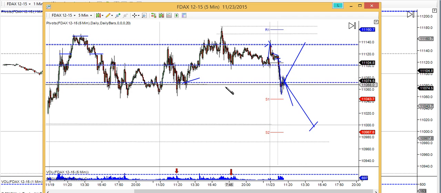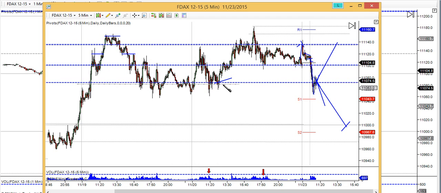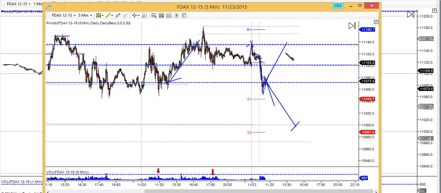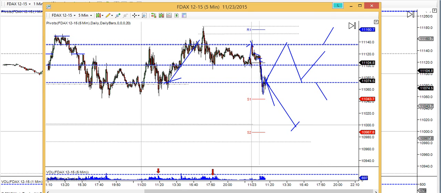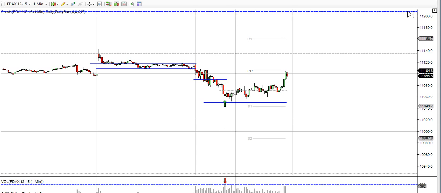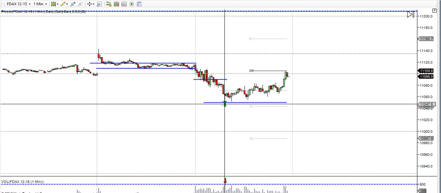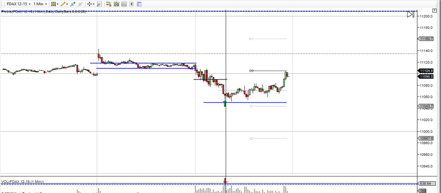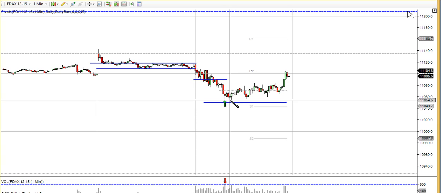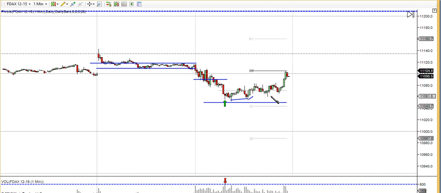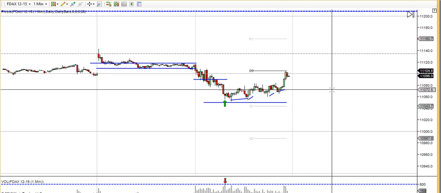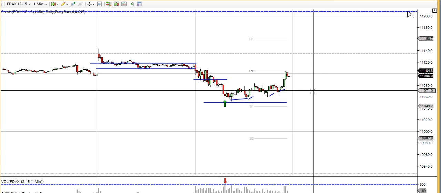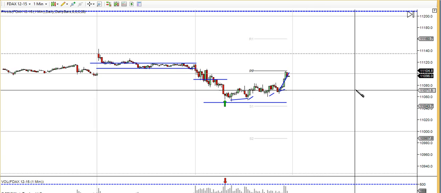Otherwise, we'll just continue the previous range like this and just build value here during the day, and then we'll see which side will break, if it will break down or upside. Okay, so after this initial mini flash down move with a volume spike above 500, price built gradually a higher low pattern, held support here at the 11,070s, now rallied back up to the pivot point in the 100s.